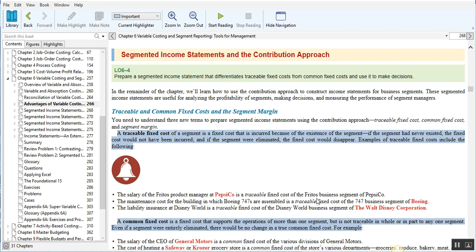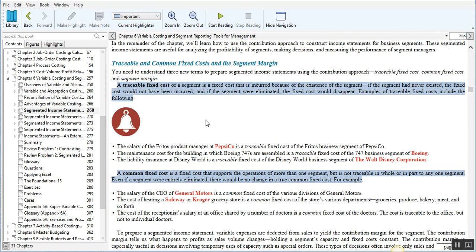So they give some examples of traceable fixed costs here. They talk about the salary of the Fritos product manager at PepsiCo. That's a traceable fixed cost of the Fritos segment. That certainly makes a lot of sense. The maintenance cost for the building in which Boeing 747s are assembled is a traceable fixed cost of the 747 business segment.